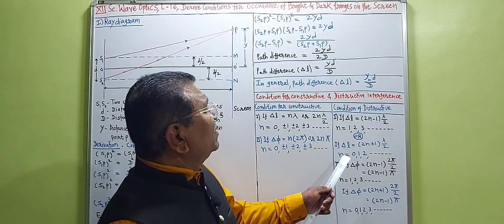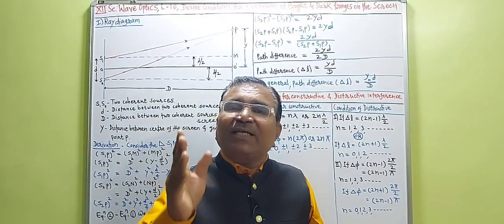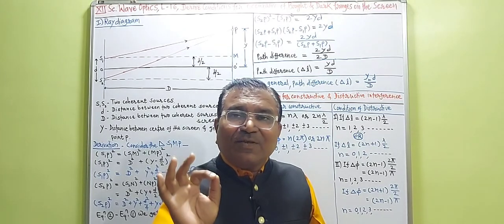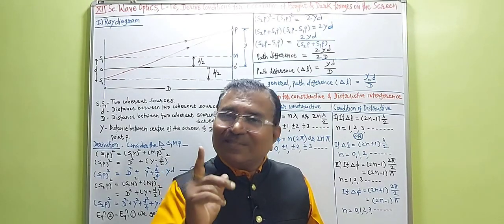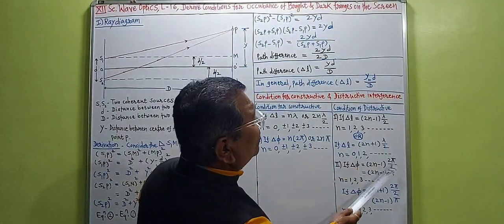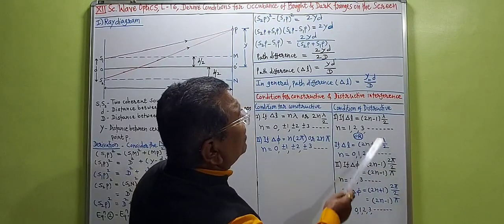Then we have to state the condition in terms of phase difference. What I have already told you: instead of lambda, put 2 pi. Instead of lambda put 2 pi, with (2n minus 1) as it is.